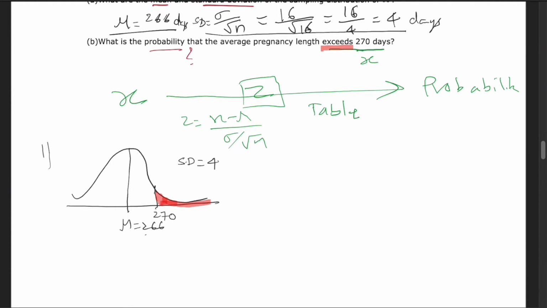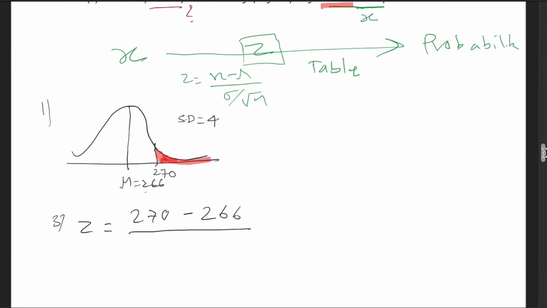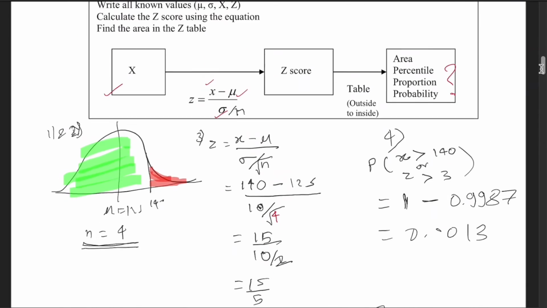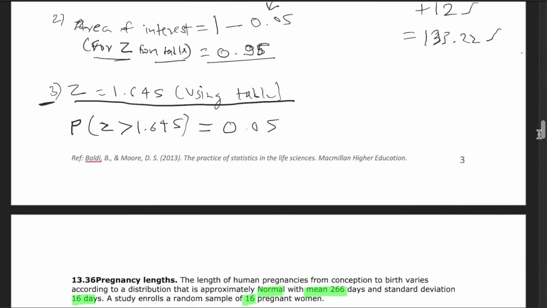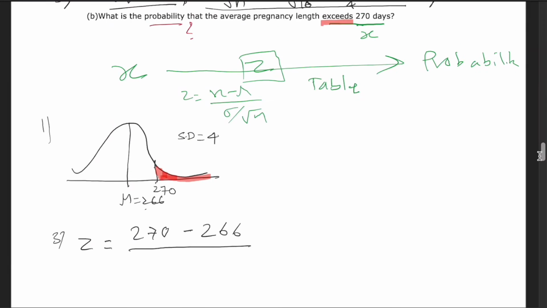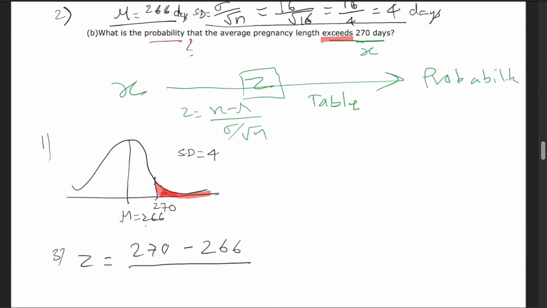So we have completed the first step, and the second step was already completed in part A. The next step is just to calculate the z score. So z equals x, which is 270, minus mu, which is 266, over sigma over square root of n, which we already calculated as a standard deviation of 4 days.